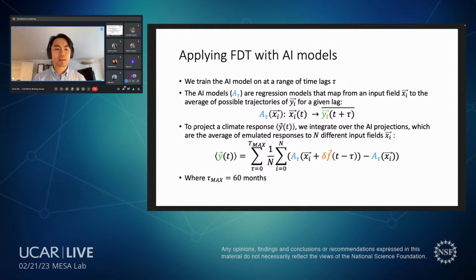And then we bring in our FDT idea again here and integrate over the range of different lag models that we've trained, out to, in our case, 60 months, which is maybe too short for some of the slower ocean processes, but this is sort of our preliminary upper limit that we're using here. Next slide, please.